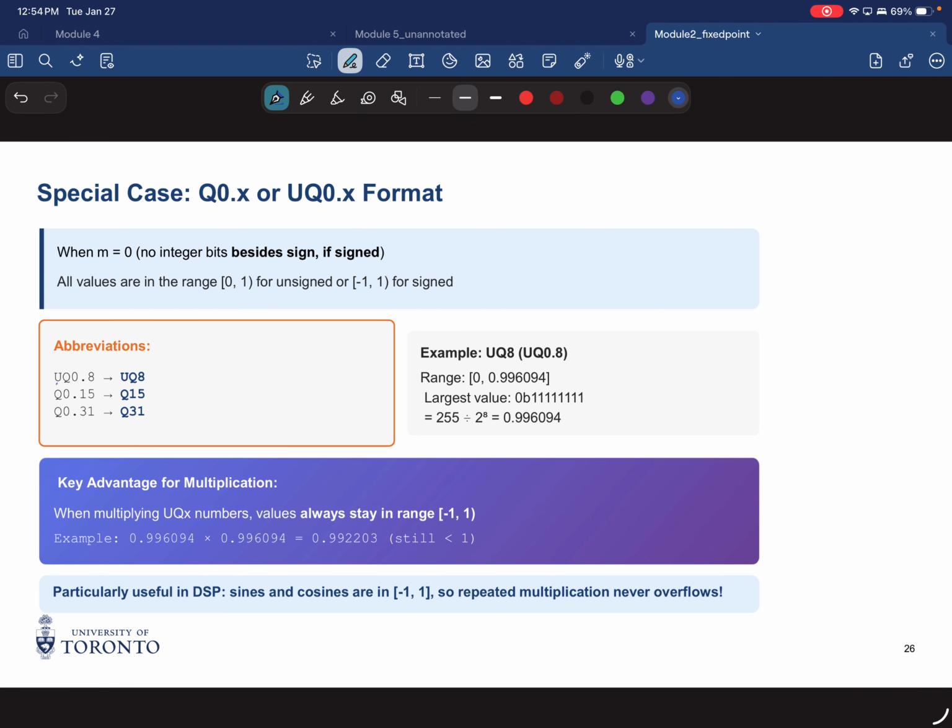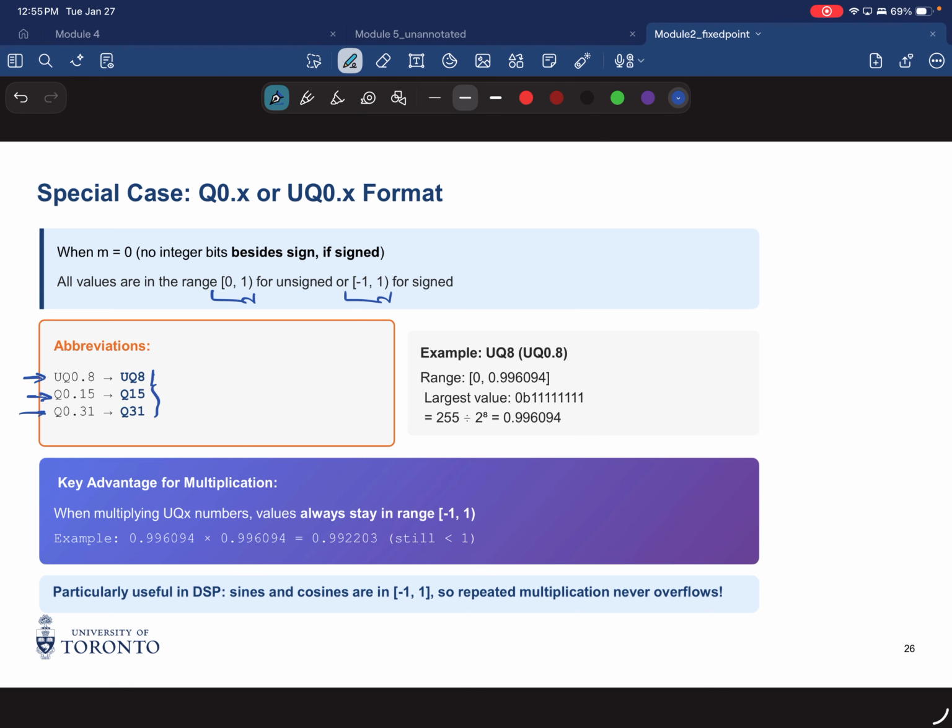So whenever we have either signed or unsigned starting with 0, when the sign bit is implied, sometimes we just show it with the fractional bits. And that means that if it's a positive number, your result is between 0 and 1. And if it's a negative number, it's between minus 1 and 0.